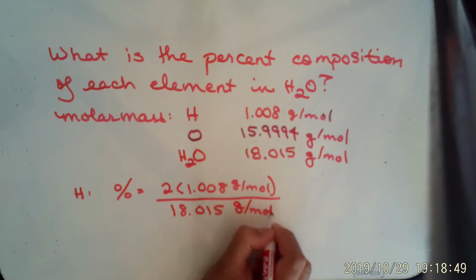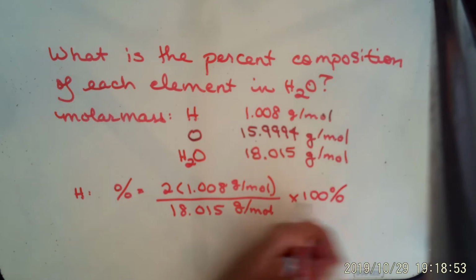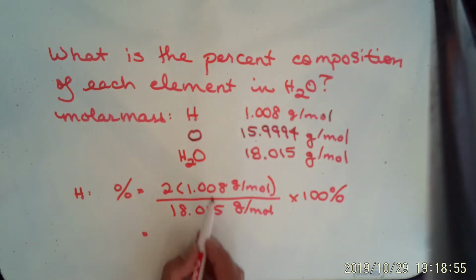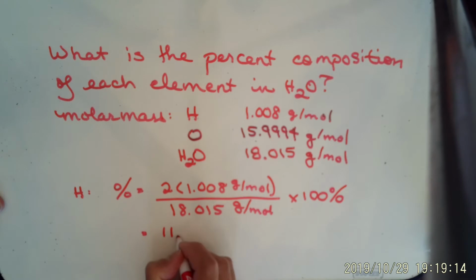So that's 18.015, and then multiply it by 100%. When we do this, this is 5 sig figs, that's 4 sig figs, so we're going to do 4 significant figures. 2 times 1.008 divided by the 18.015, and we get basically 11.19% hydrogen in water.